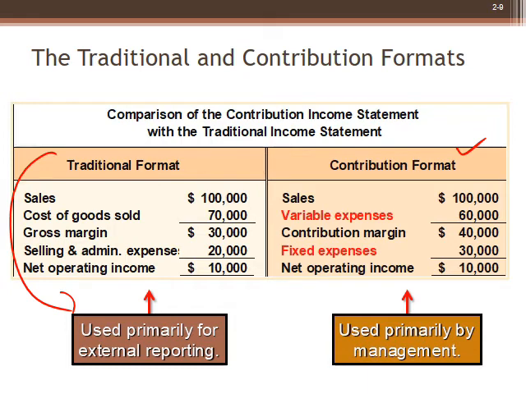A traditional approach organizes cost in functional formats. Costs relating to production, administration, and sales are grouped together. This is the production cost, this is selling and admin cost, and then we find the net operating income.